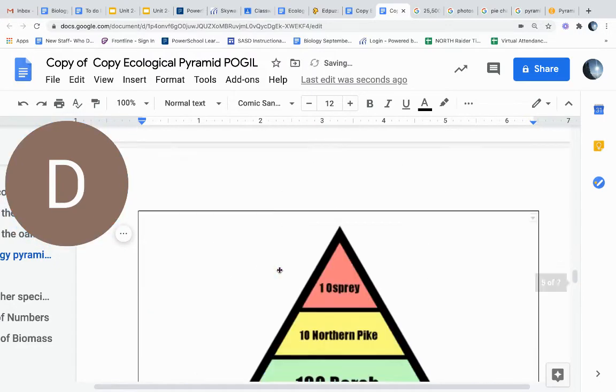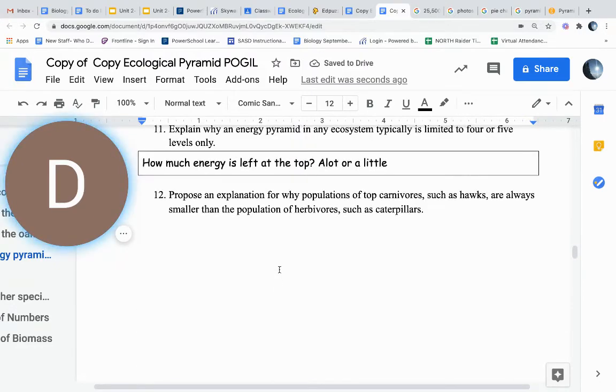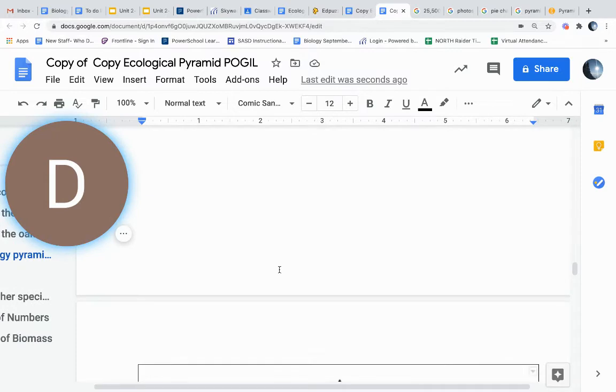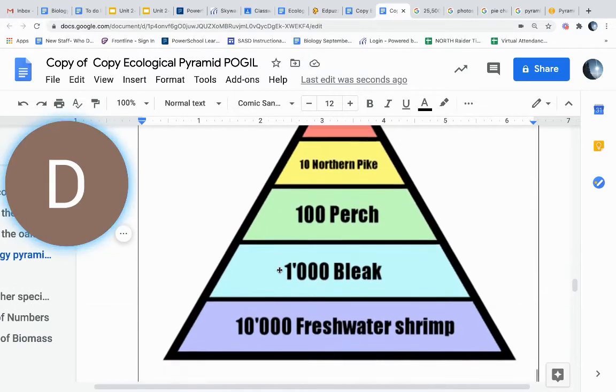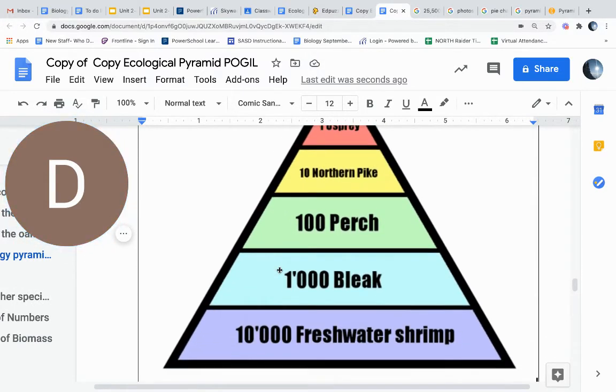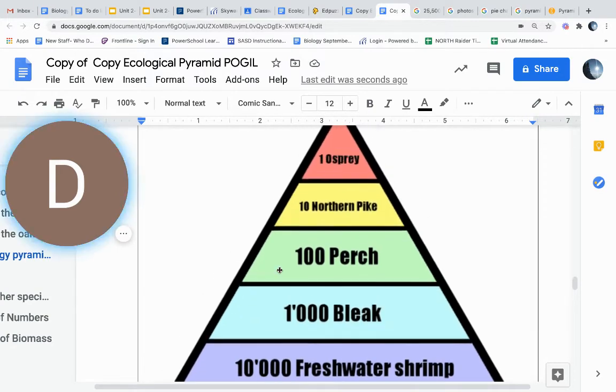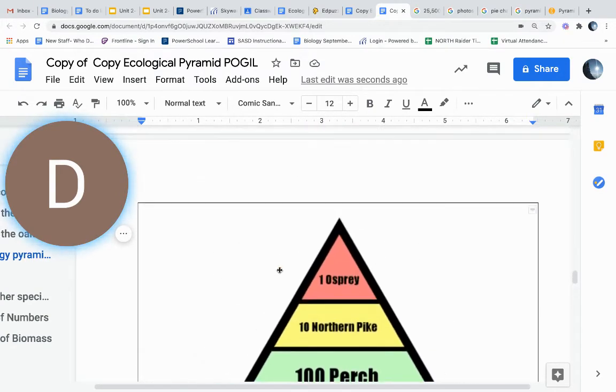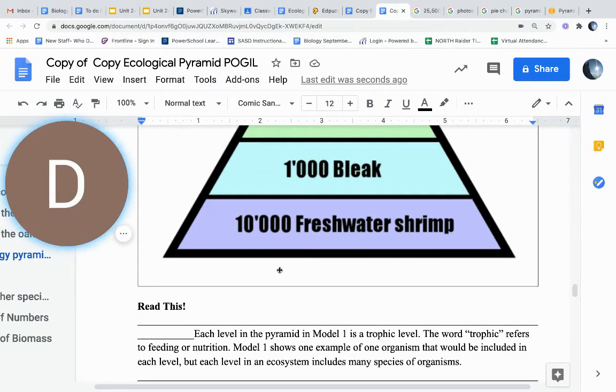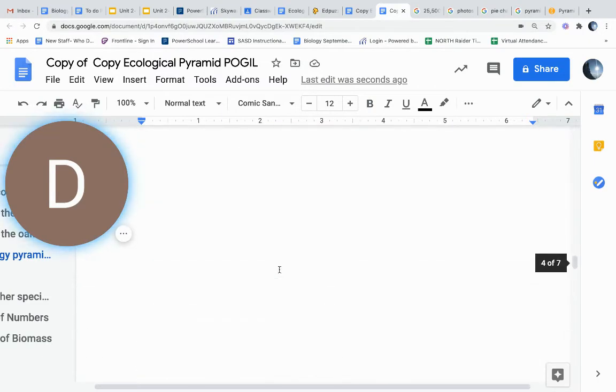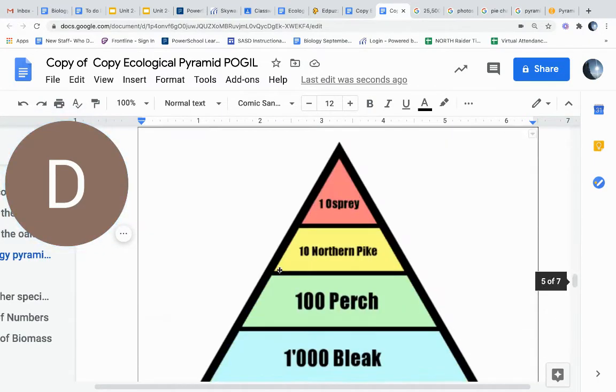So essentially, how you complete number 12 is just explain why you think the phenomenon exists of what you see in this ecological pyramid. So why are there so few osprey with so many freshwater shrimp? And it has to do with how much energy is available to them. So explain that, number 12.